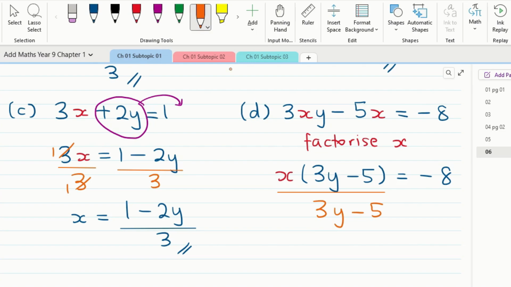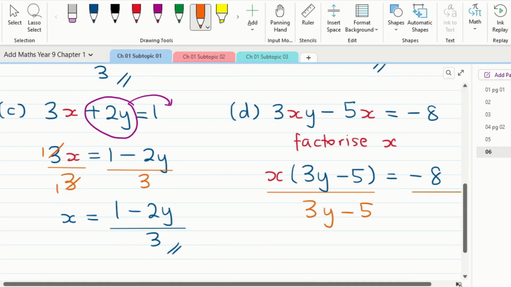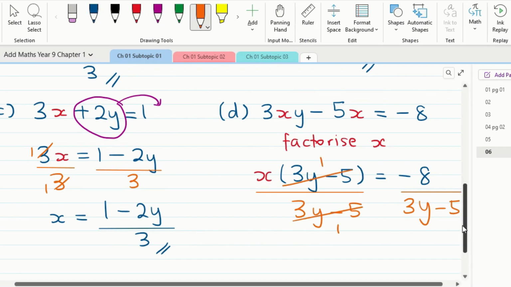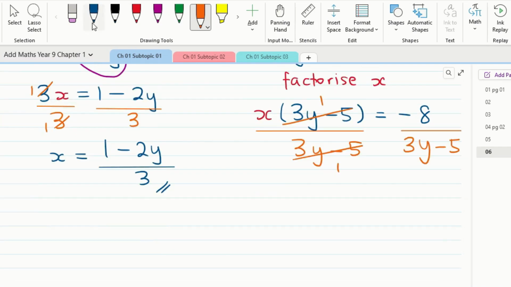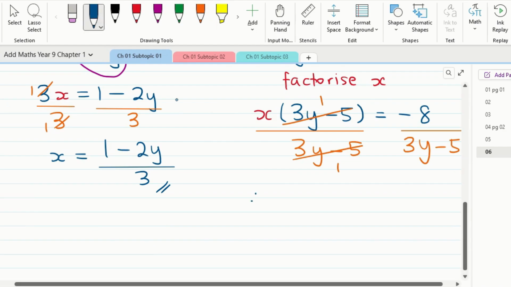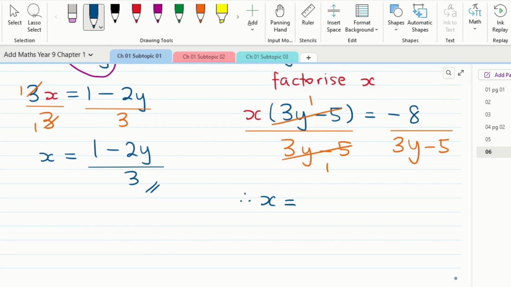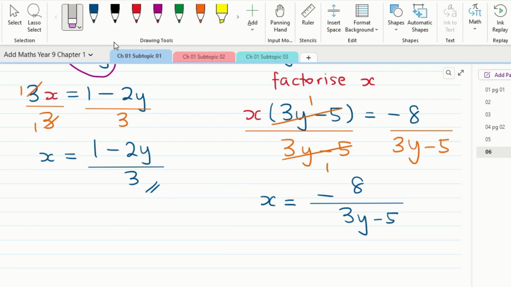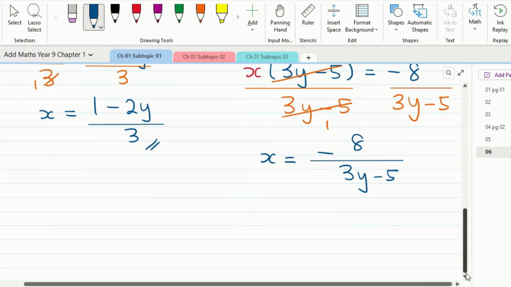So you can divide the whole thing by 3y minus 5. Right? You can actually divide them. So the final answer for this one is negative 8 over 3y minus 5. Right? So that's for part D.